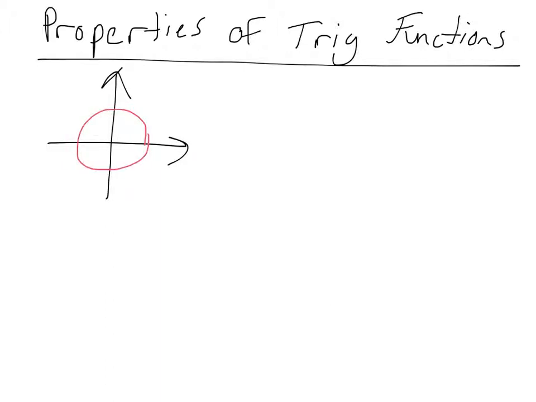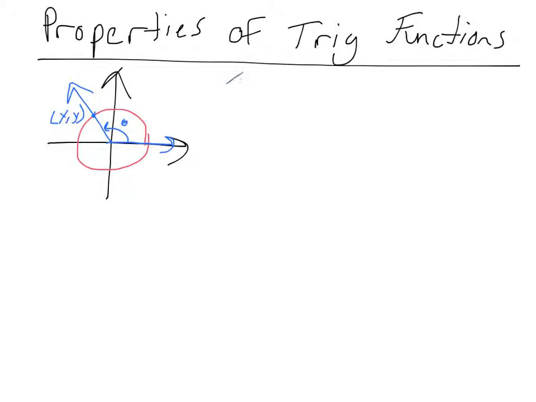So here's our unit circle, and here's some angle theta being opened up, and the point where the terminal side intersects the unit circle, we'll just call the point (x, y).